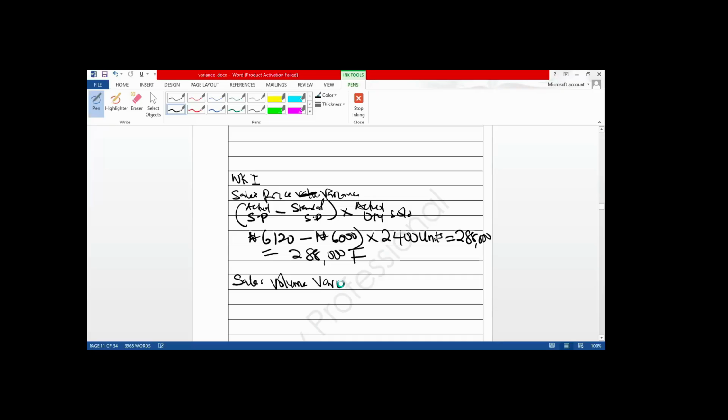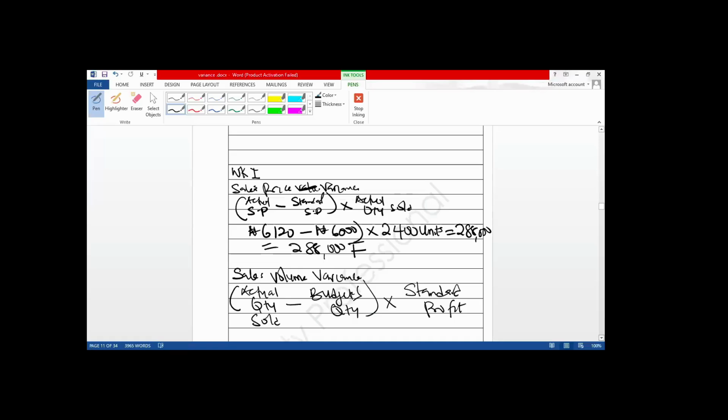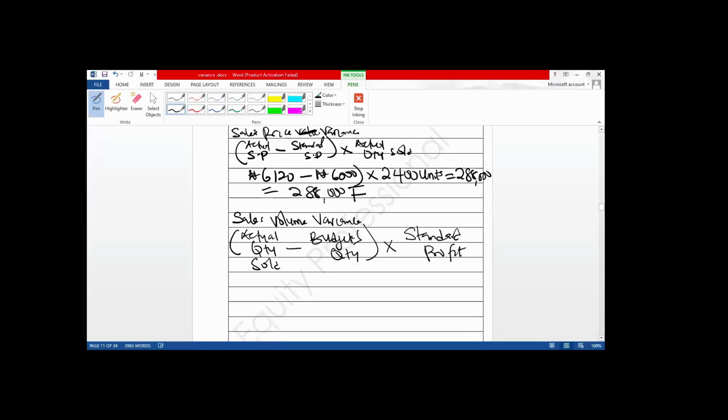The formula: actual quantity sold minus budgeted quantity, multiplied by standard profit. Actual quantity sold, 2,400 units.